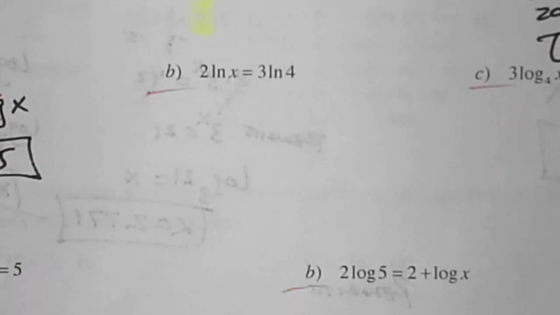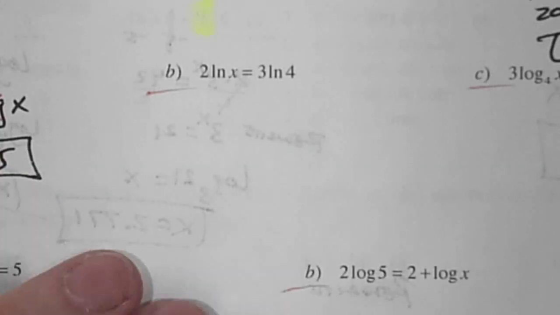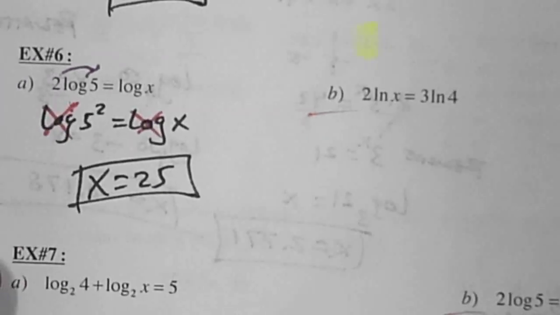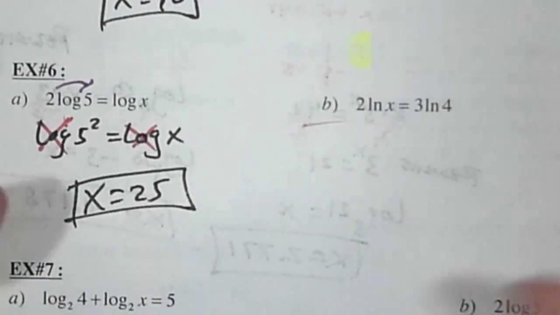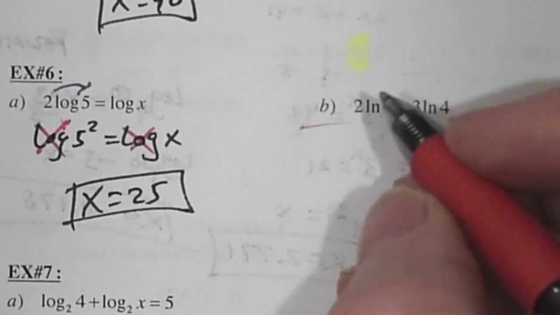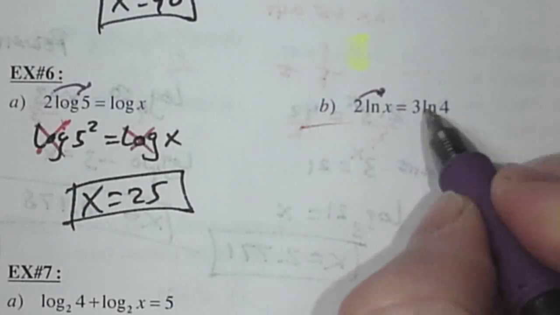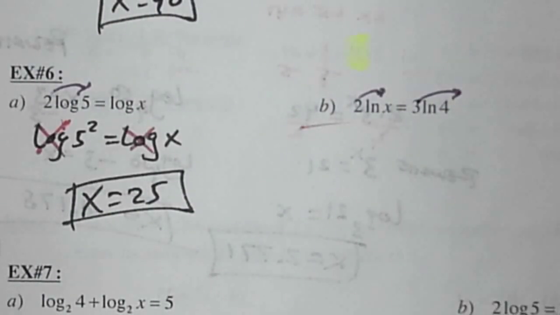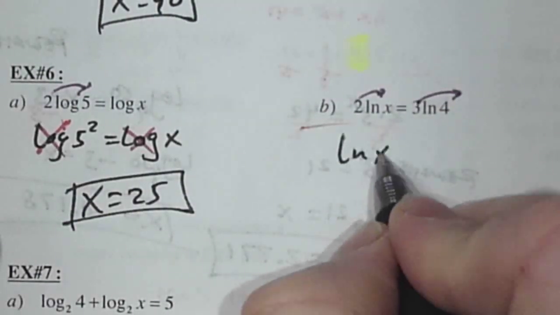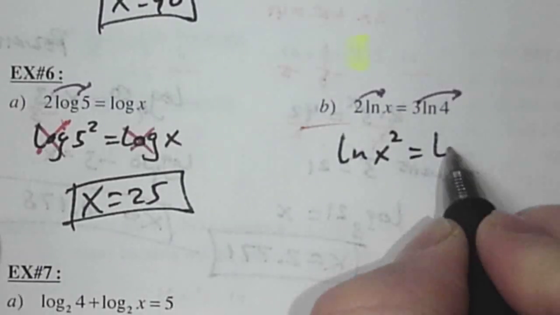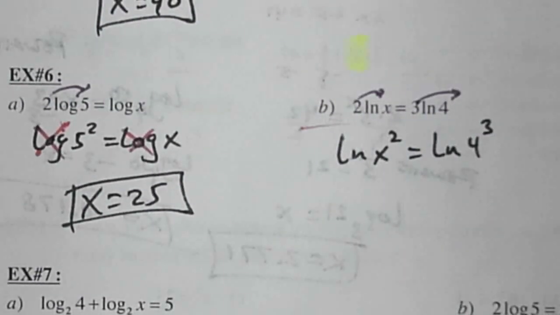Jumping down. If I go too fast, just pause and rewind. So here we go. This one's the same. B is the same as A, but you see the ln, so you got to think of an e. We're just going to take this 2 and move it up here. Take this 3 and move it up here. So we get ln of x to the 2nd power and ln of 4 to the 3rd power.